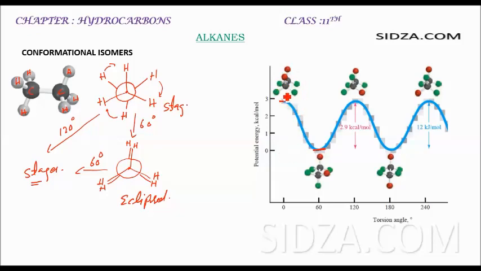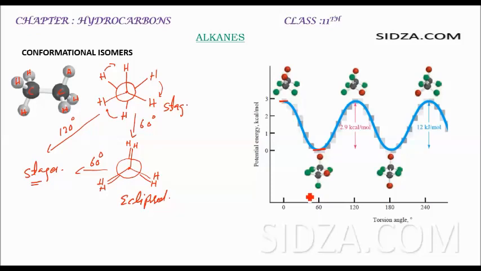If you have an eclipsed state and we give a rotation of 60 degrees, from eclipsed you get staggered, and with another 60 degree rotation you get eclipsed again. This is how they interconvert.